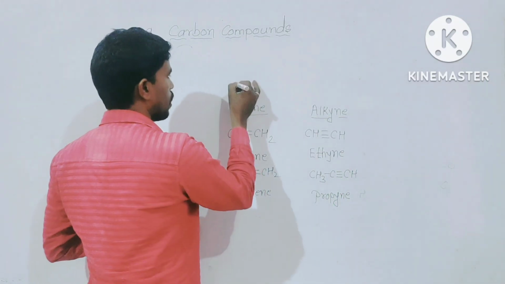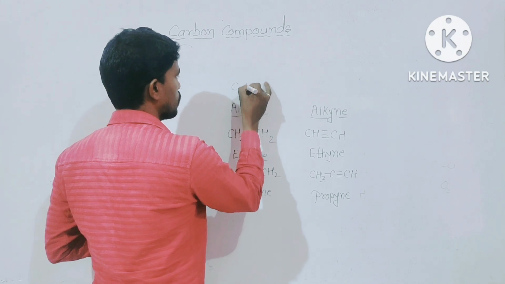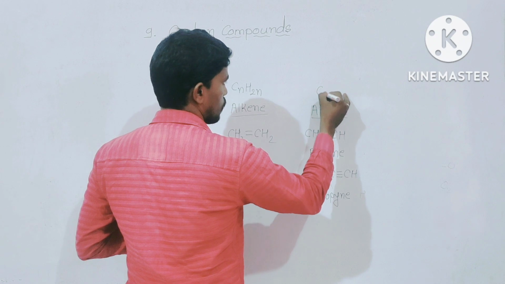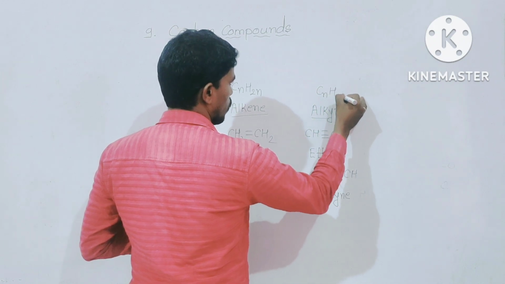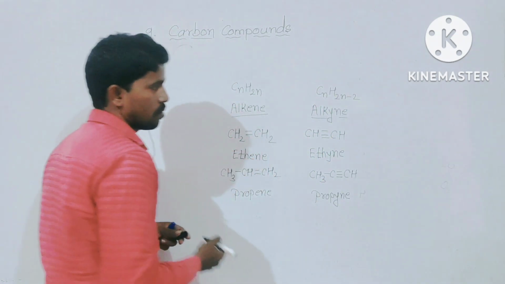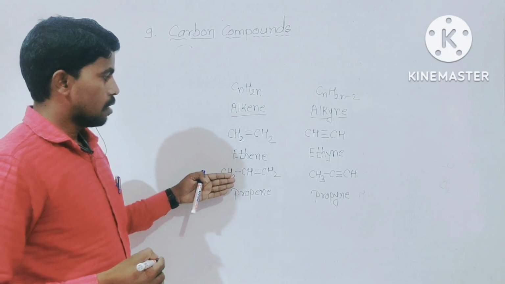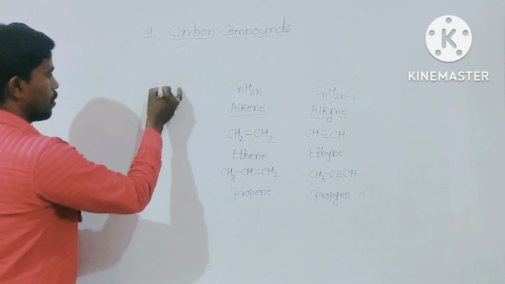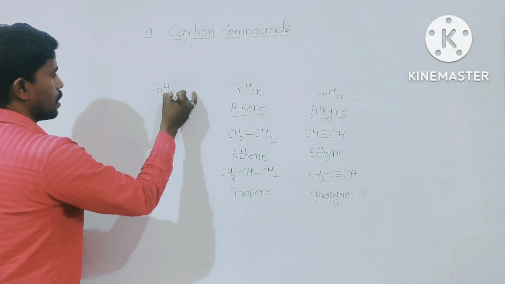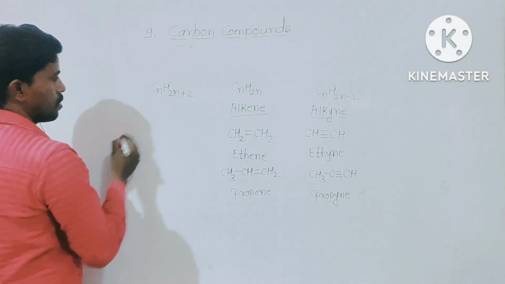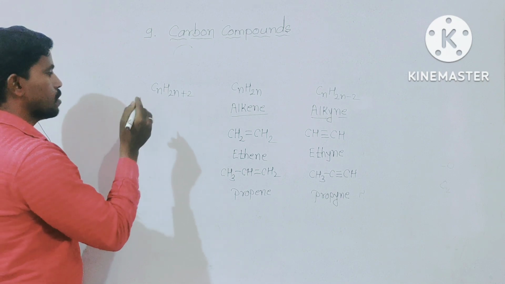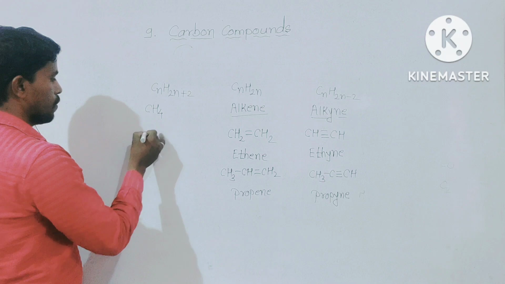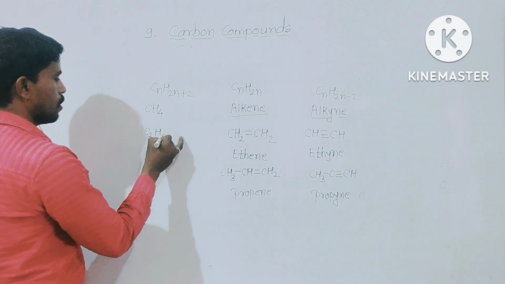The general molecular formula of alkene is CnH2n, and alkyne is CnH2n minus 2. These are the unsaturated hydrocarbons, and the molecular formula of saturated hydrocarbon is CnH2n plus 2.